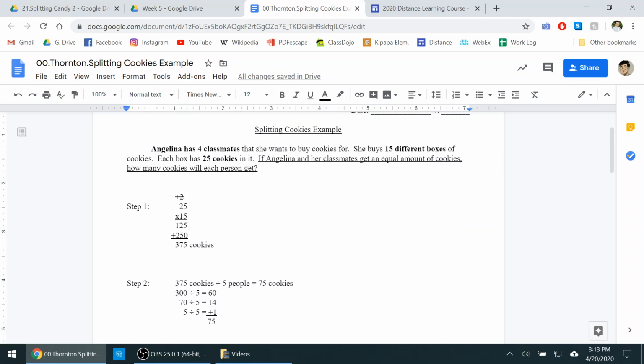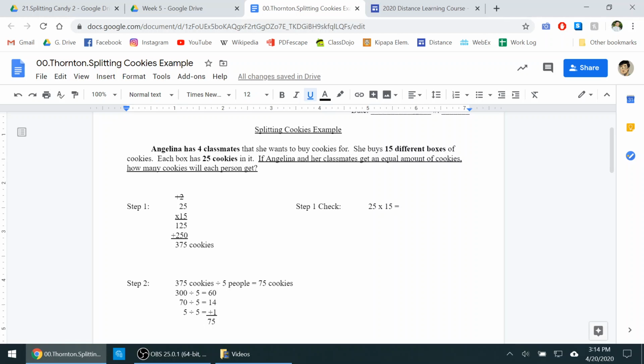Alright, let's go back up here to step 1. What we could do here is we could do the break apart strategy. We'll put step 1 check. Okay, so we had 25 times 15.